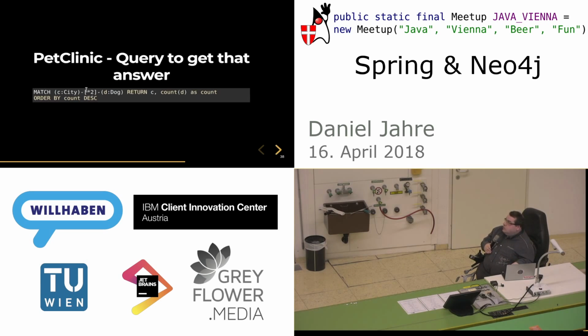But with these 2, you say only to the depth of 2, and then I'm finished. And then I'm returning the city and the count of. This is very familiar. This is the same stuff you have in SQL as well. And then I'm also ordering it. And if you want to, I can show you that in the database.